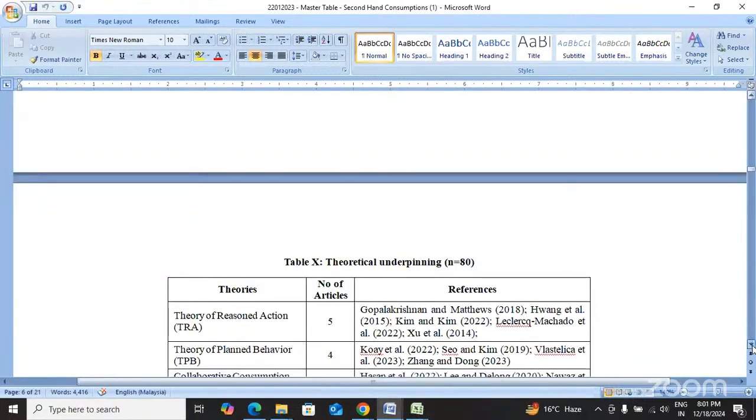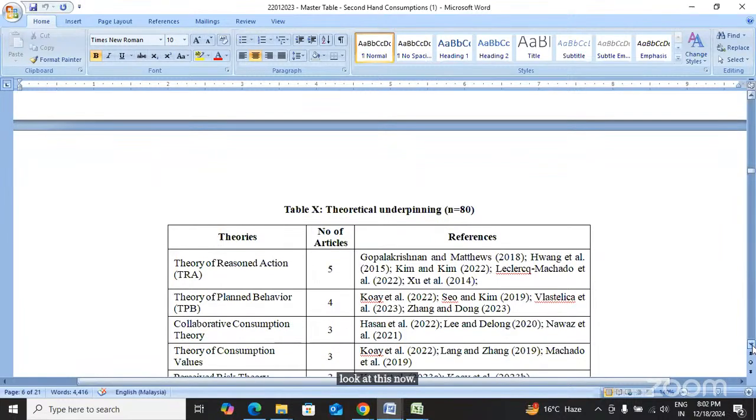Look at this now. This is one of my papers, and you can see from here, let's say this theory has been used in my previous papers. That is the theory of reasoned action.